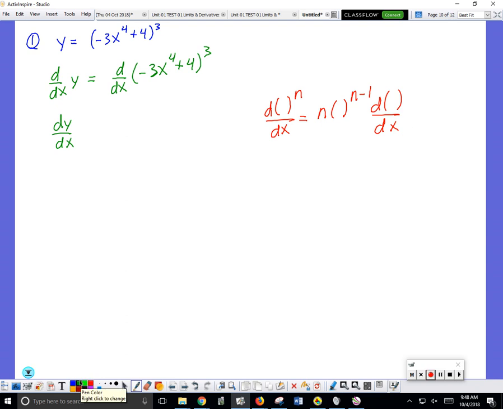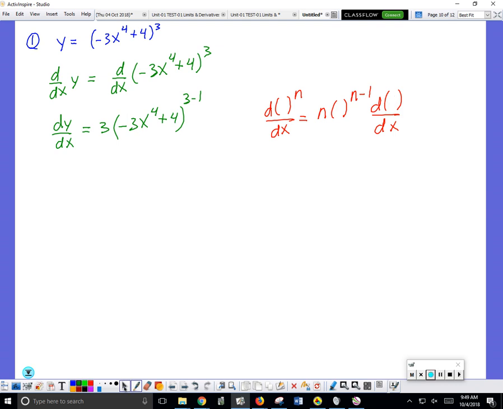So let's see, the n is 3. The stuff being raised to the n is the base. The base is negative 3x to the 4th plus 4. The new exponent would be 3 subtract 1. And then I multiply by d/dx of the base.